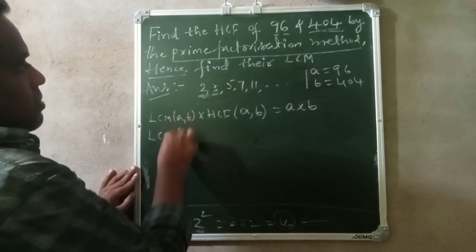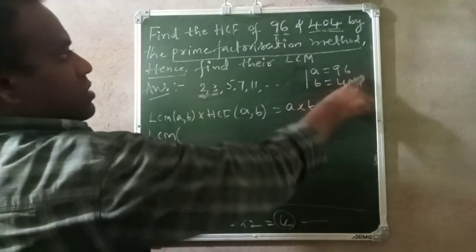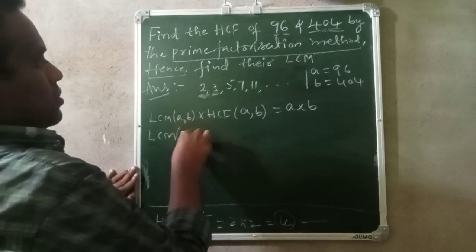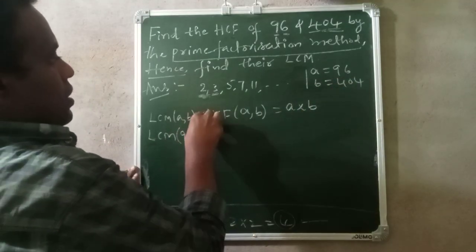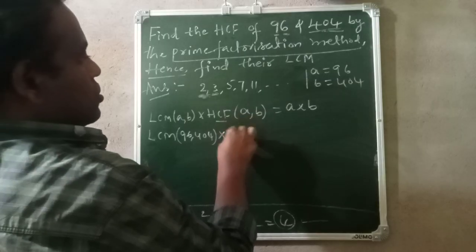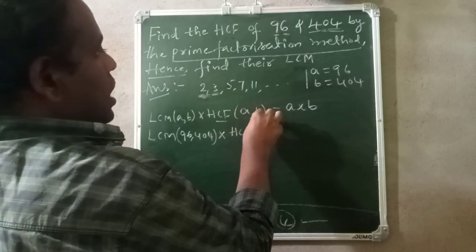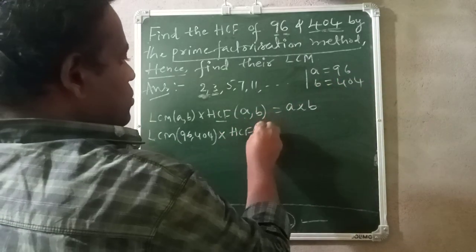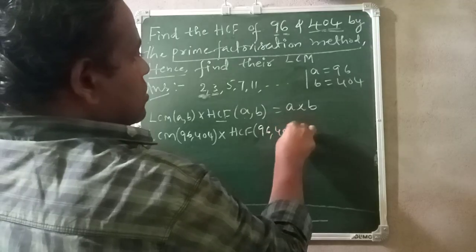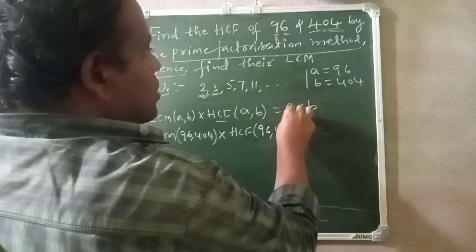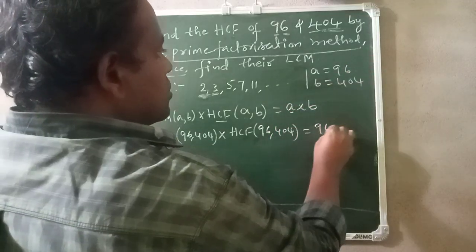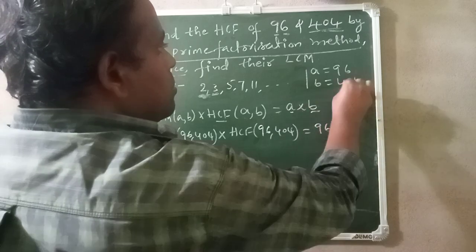So LCM of A, B means 96, 404, into HCF of A, B means 96, 404, is equal to A means 96, into B means 404.